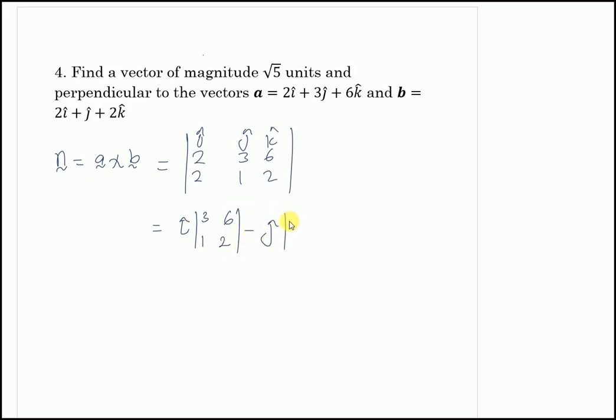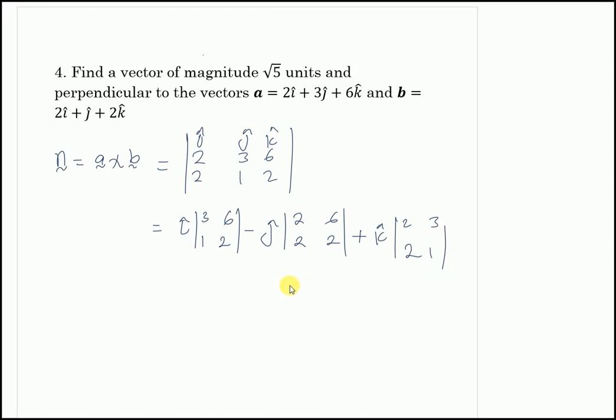When you come to j, you consider 2, 2, 6, 2, 6, 2, 2. When it comes to k, what remains is 2, 3, 2, 1. So we have 2, 3, 2, 1.